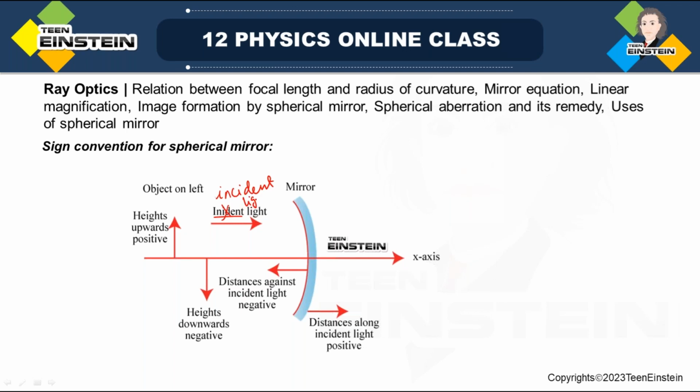Any distance we measure in the direction of incident light is taken as positive. Any distance measured against the direction of incident light is negative.